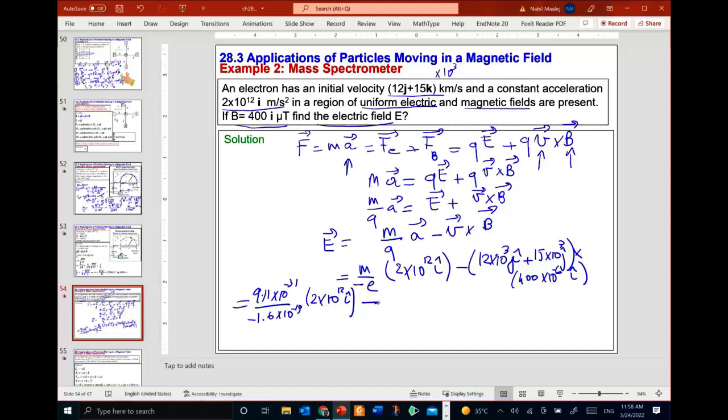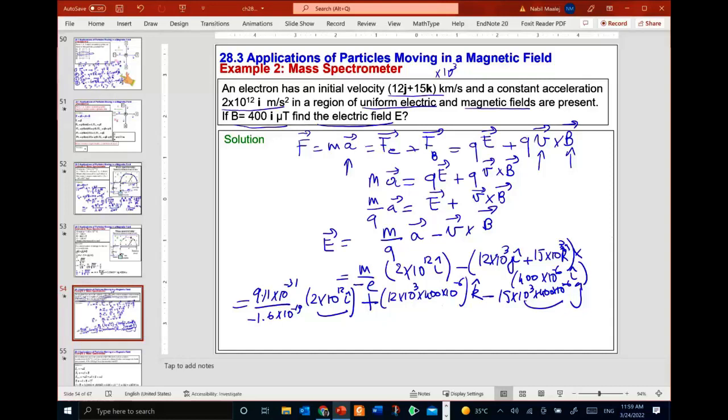Minus K. So we have minus and minus, so it becomes a plus 12 × 10⁻³ times 400 × 10⁻⁶, and this is K. Then we have J crossed with I, sorry, K. Then 15 × 10⁻³ K crossed with I. K crossed with I is J. Since I have a minus, it's minus 15 × 10⁻³ times 400 × 10⁻⁶ J. So you can see I have an I, a J, and a K component.